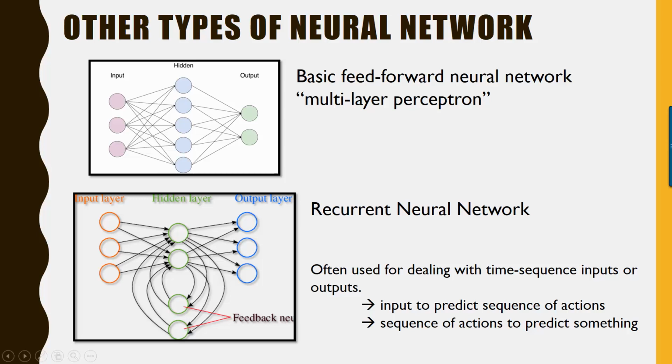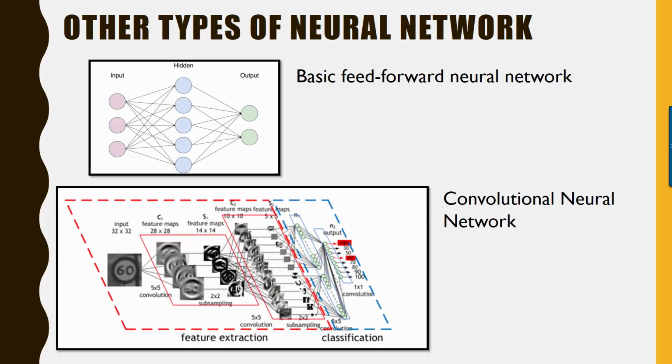And you may have heard of convolutional neural networks. These are typically used to classify images. This picture looks very complicated, but it's actually not that complicated. The very last step in a convolutional neural network is the basic feed-forward neural network that we're going to be learning about.